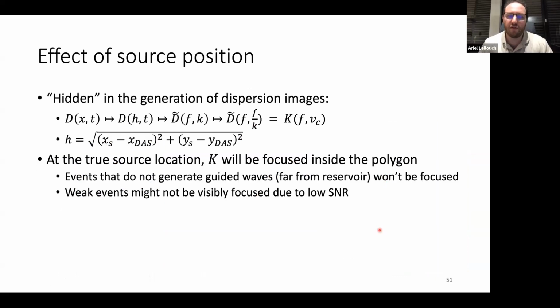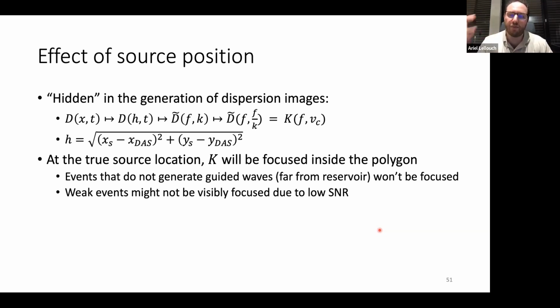So basically, the source location is hidden in the way we generate these images, right? I said that the first step was converting distance along the fiber to source receiver distance. Now, if you know where your source is, like for a perf shot, that step is trivial. But if you do not know where your source is, this is actually what's going to control your location.